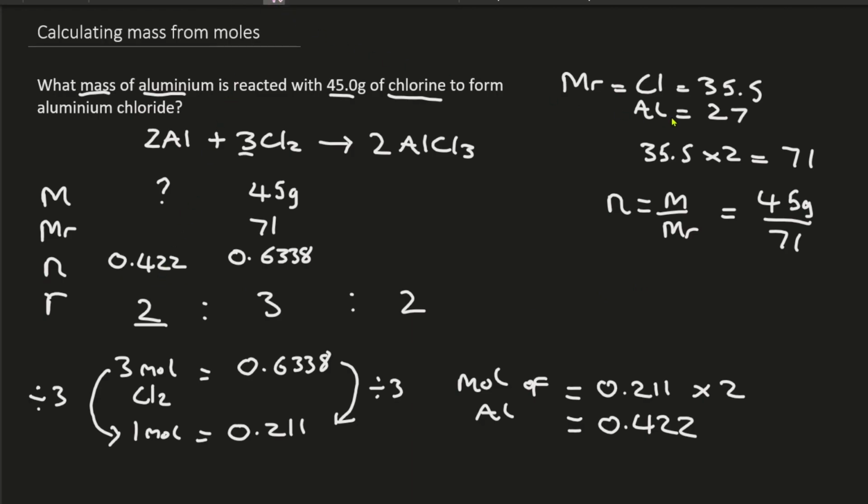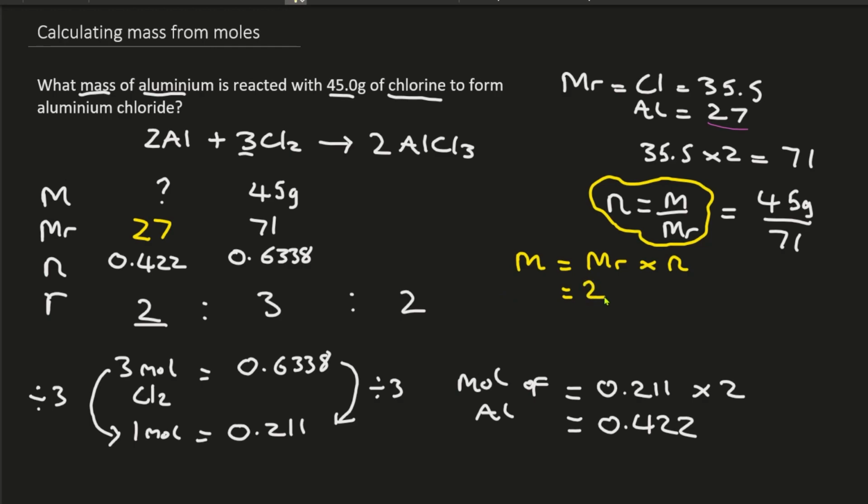We also know the Mr, or the molecular mass, is 27. So we've got 27 over here for the aluminium. And this equation over here, which I'm going to circle, can be rearranged to find the mass. So the mass equals the molecular mass, which is Mr, times the number of moles. We know what the Mr of aluminium is because we want to find the mass of aluminium.